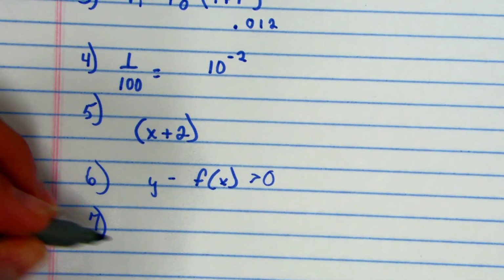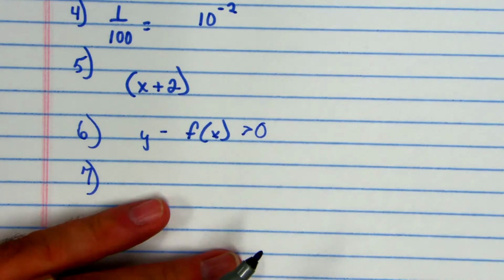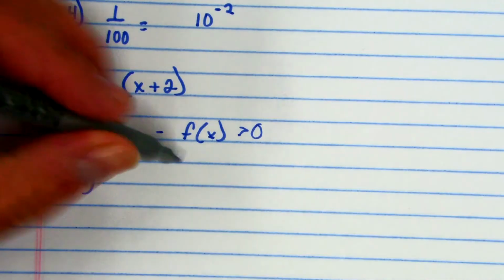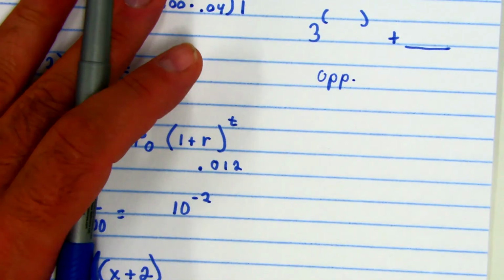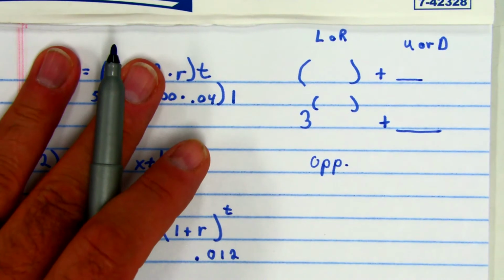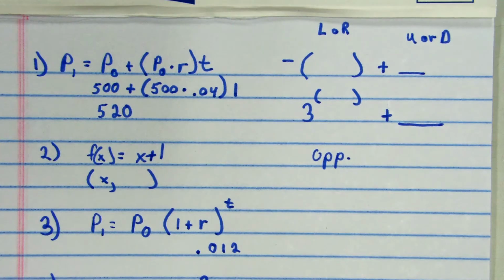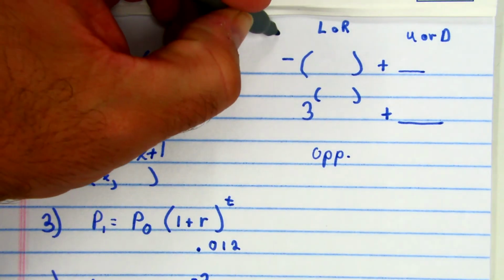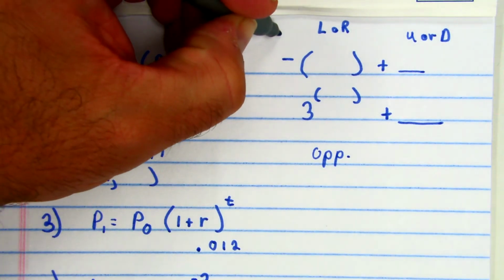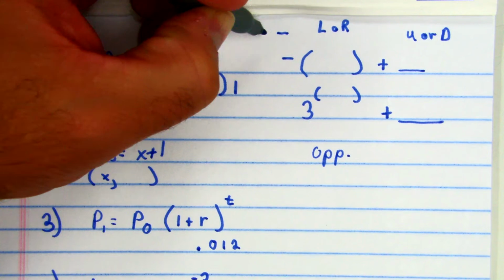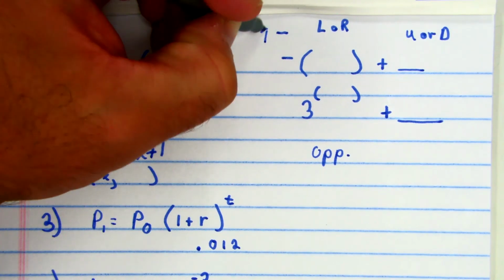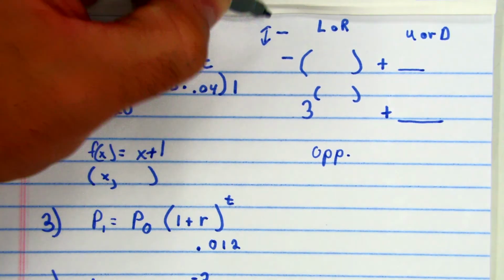Problem 7. They give you the graph. Whenever you have a negative sign, we go back to where we were before, in the parentheses and out of the parentheses. If you have a negative sign on the outside of the parentheses, you're flipping your graph up or down.